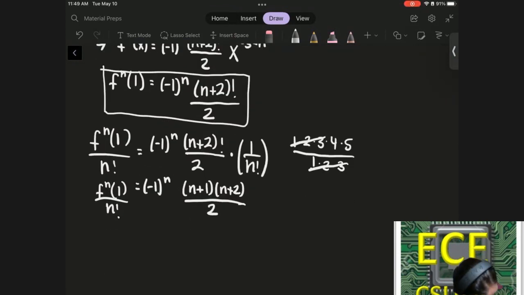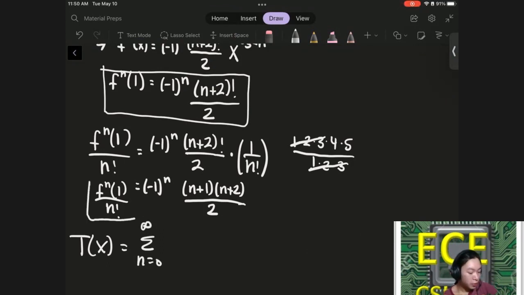So in the end, it'll just be T of x, the sum of n equals 0 to infinity of that coefficient we found, which is this one.